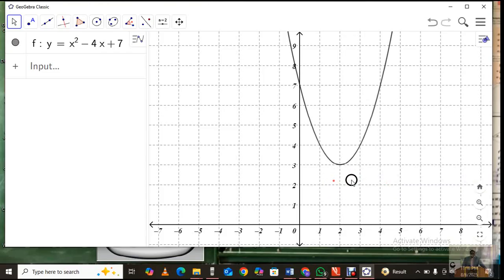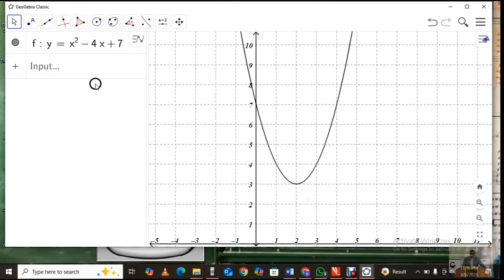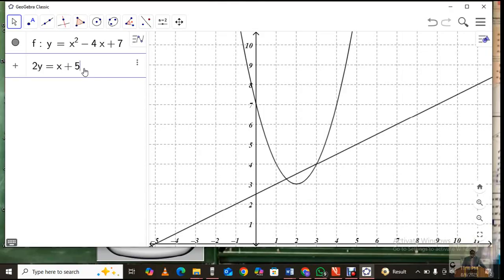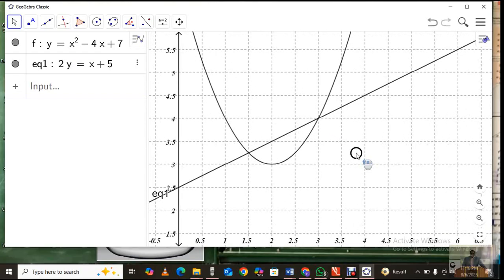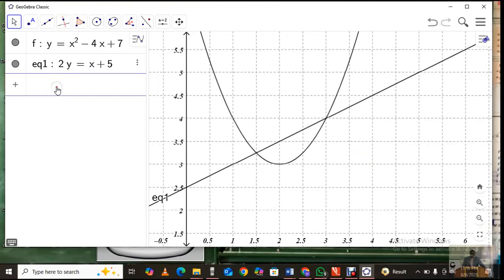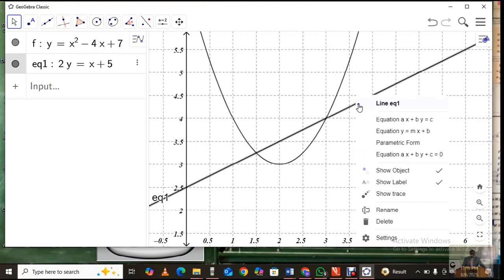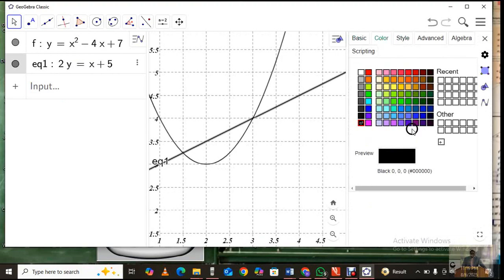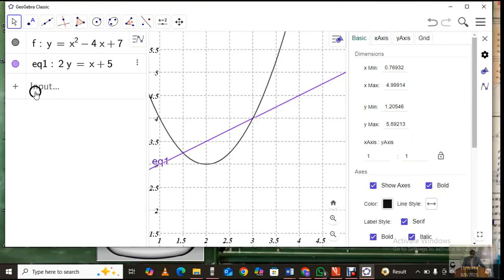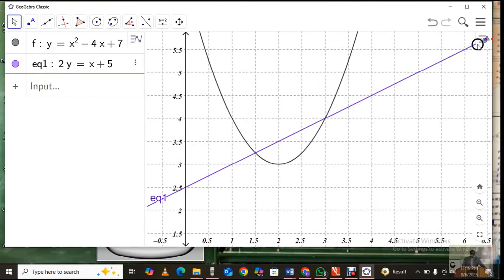Then we had another line. The line was 2y equals x plus 5. That's how that line was. Then perhaps I will write this line in blue, just change its color. Then we had the equation of the tangent.